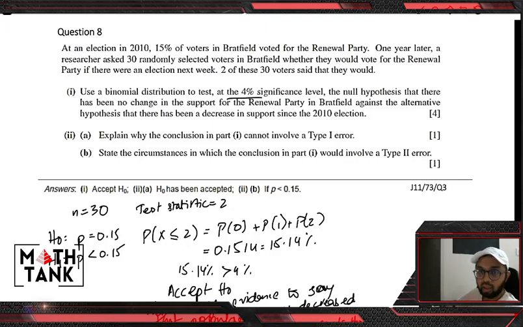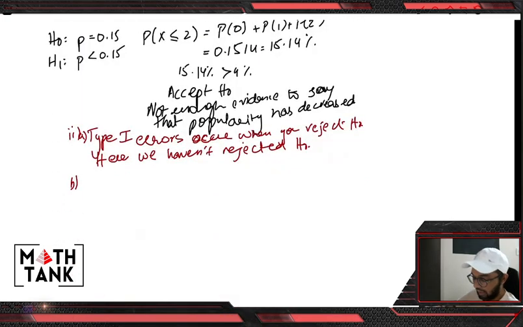So what circumstances would be there? That the popularity, which was 15% before, has actually decreased. So the answer is also saying that new evidence that p is less than 0.15. So that should be your final answer for this 1 mark question.